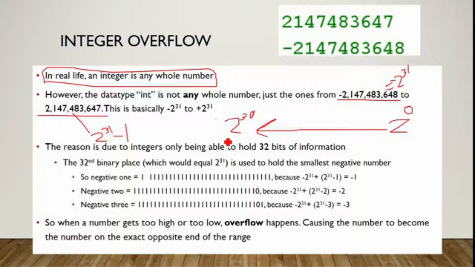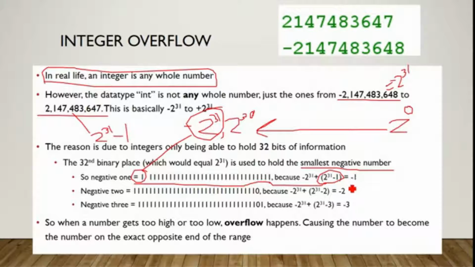This is because the very last binary place, the 32nd one, which would be 2 to the 31st, is negative 2 to the 31st, the smallest negative number. So that means that inside the computer, negative 1 is represented by all ones, because you have negative 2 to the 31st right here, plus 2 to the 31st minus 1, which equals negative 1.